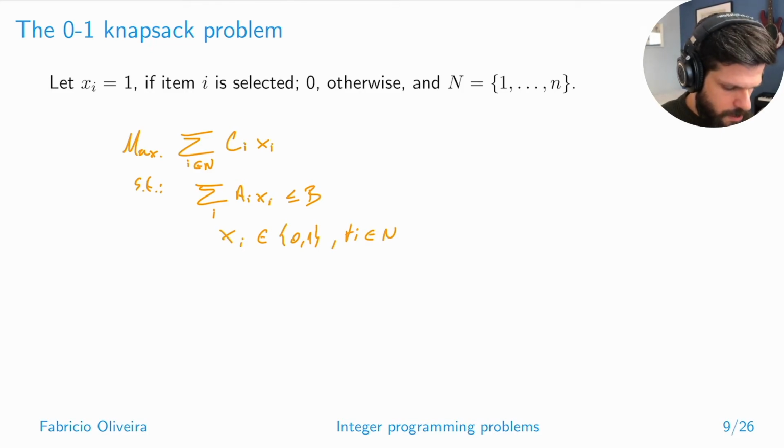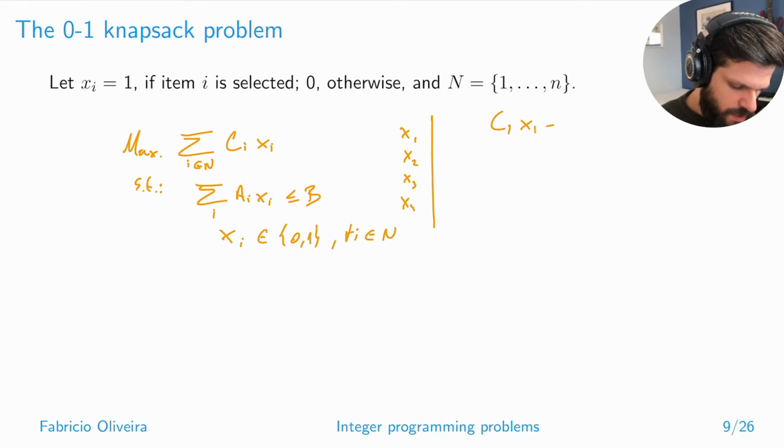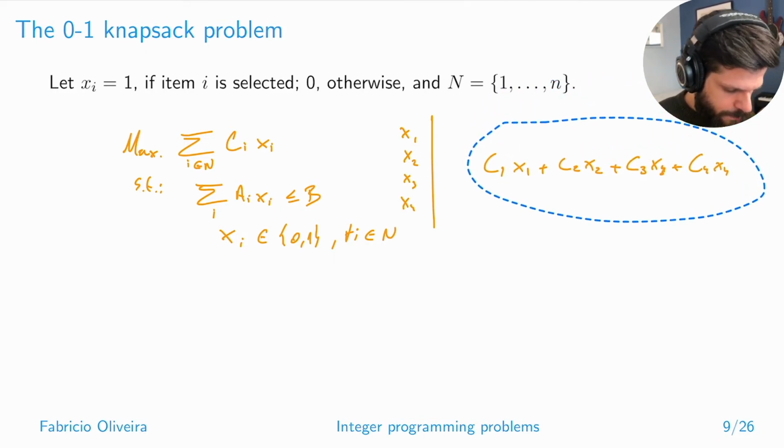So that's our budget constraint, and that is our value of the knapsack. So in that case, what we'll have is x1, x2, x3, and x4, in the previous example. And then the objective function is c1 x1 plus c2 x2 plus c3 x3 plus c4 x4. Let me move this down a bit so you can see.